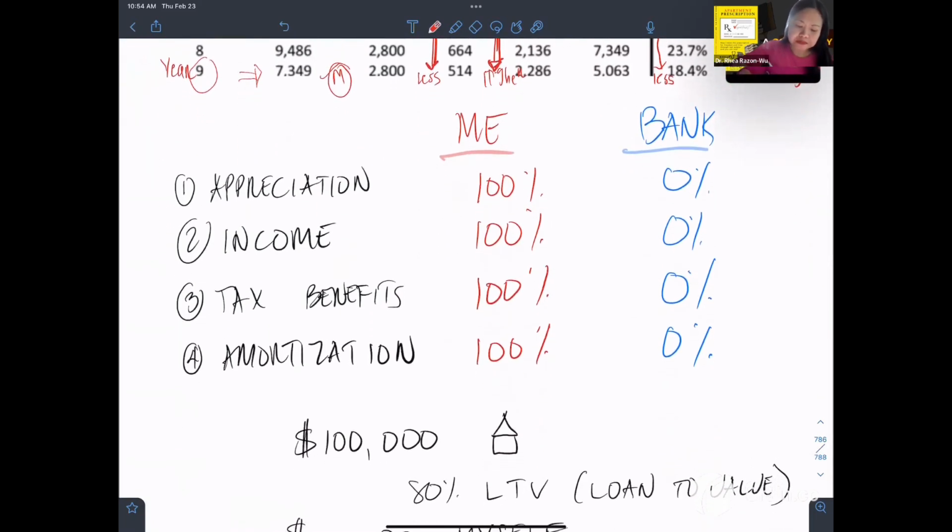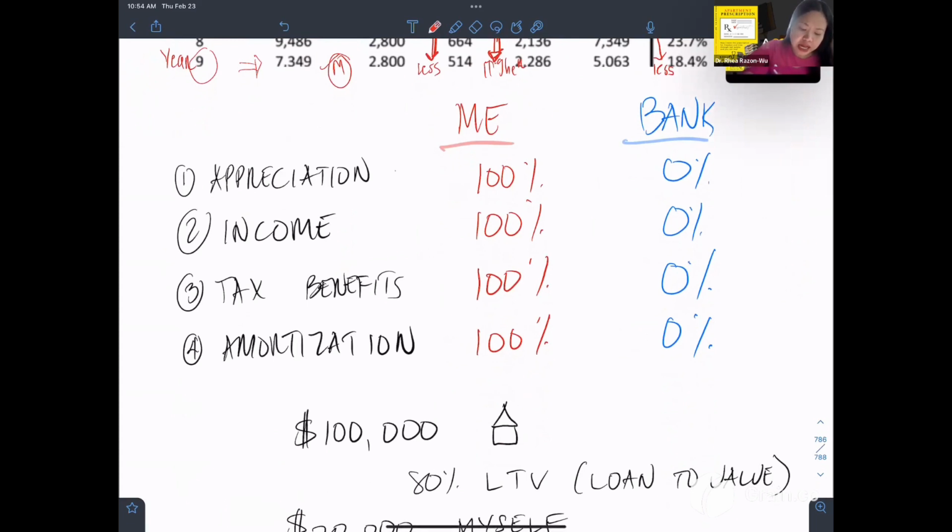Now again, appreciation, income, tax benefits, amortization, me versus the bank. Appreciation for me is 100%. The bank gets 0, nothing. Income, I get all the income if I have apartments, and the bank gets nothing. All I got to pay the bank is its principal and its interest, and I get all the income.